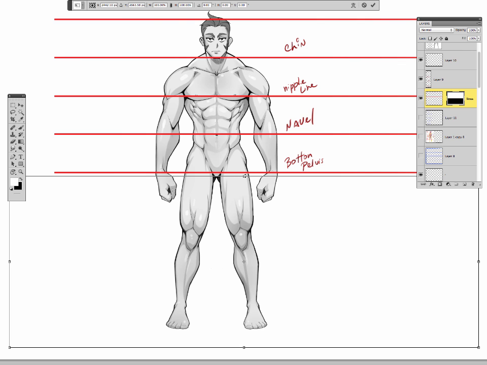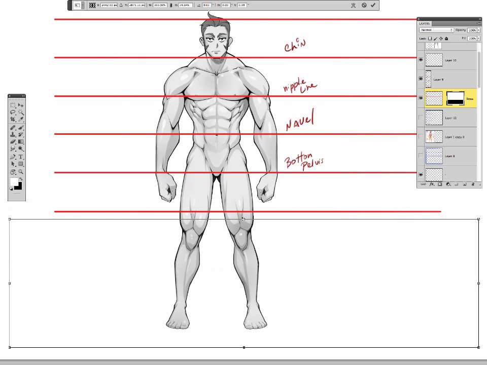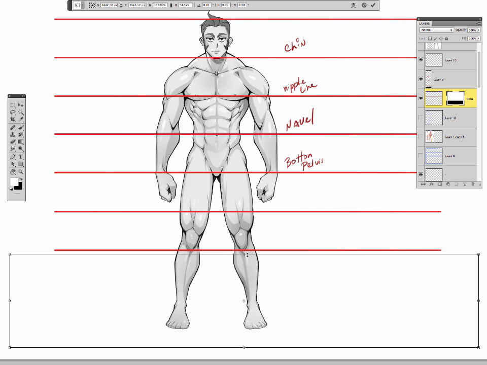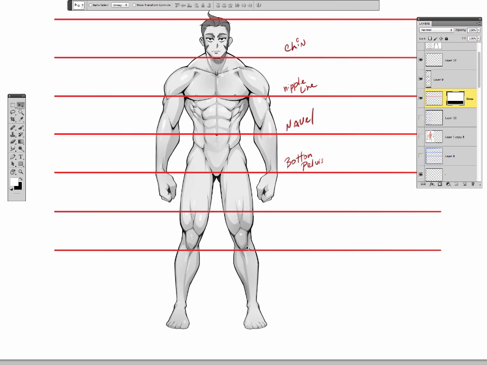And if we keep going with the proportions, the next landmark will be around the middle of the thigh, a little bit lower. The next one will be on the bottom of the knees, and I think that's a good measurement, because it's a landmark that you can see and then you can measure properly.